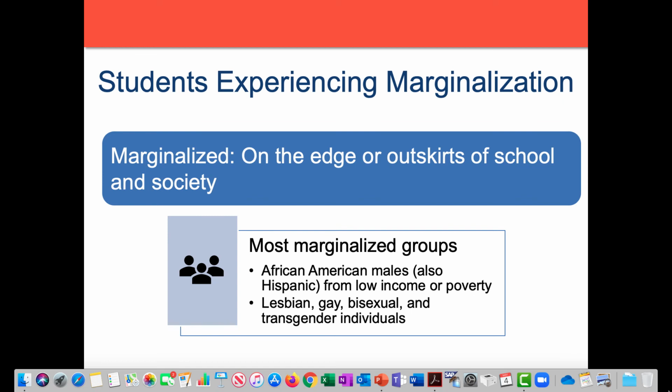And who are our students experiencing marginalization? And these are students who are looked at as different, maybe on the outskirts of the norm of society. A lot of times we're talking about African American males who are really over-identified for disability, and students who are not identified as heterosexual, lesbian, gay, bisexual, and transgender students are marginalized students, and so they are at risk as well.